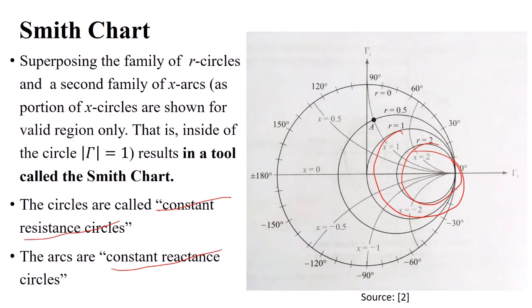And this circle is a circle with magnitude of gamma equal to 1, that is a constant magnitude circle. This is the valid region for the reflection coefficients, and we will be focusing on this area. Up to this point, we've understood the concept in the previous lecture.